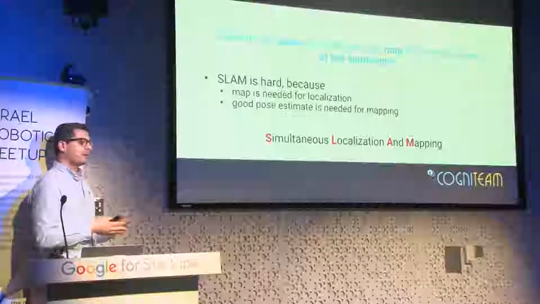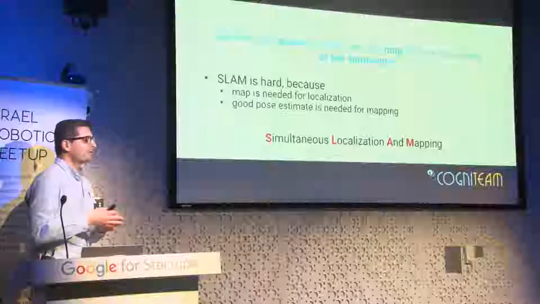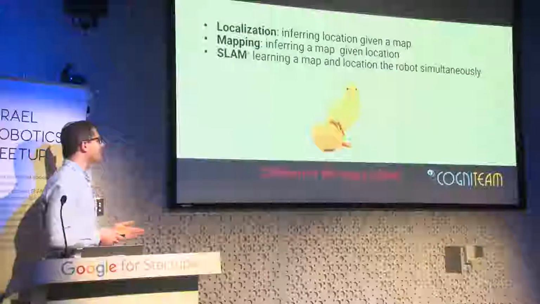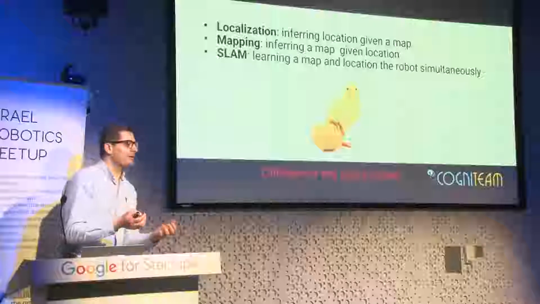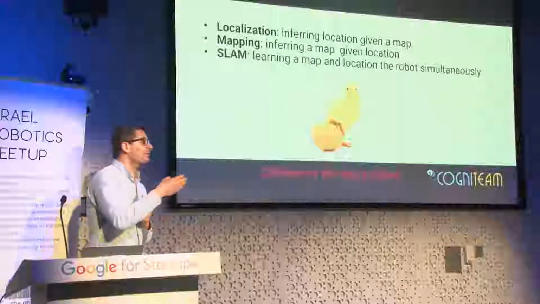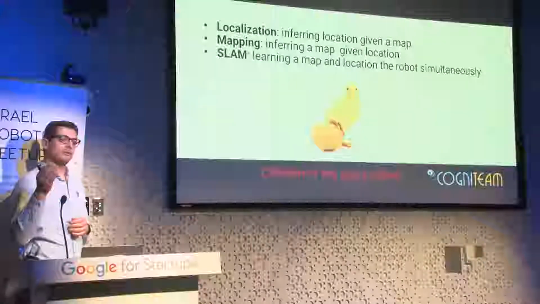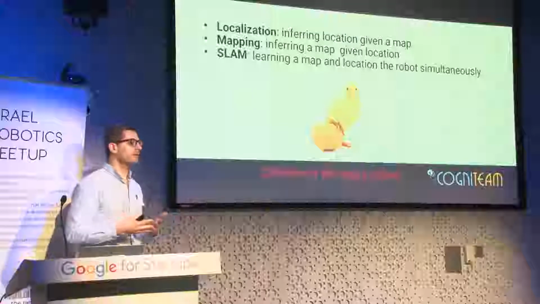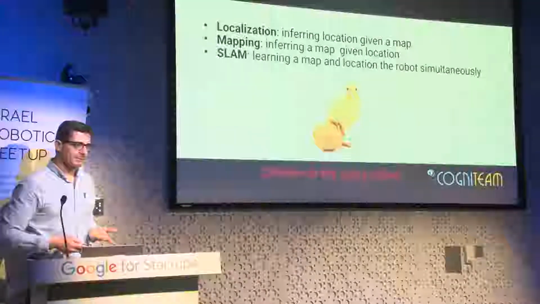Vice versa, in order to build a map, we need to know where we are located on it. So it's even called the chicken or the egg problem. Give me the map, I give you my location. Give me my location, I will give you the map. In SLAM, you don't have the location, you don't have the map, and you need to do it simultaneously. That's what we call SLAM, simultaneous localization and mapping.